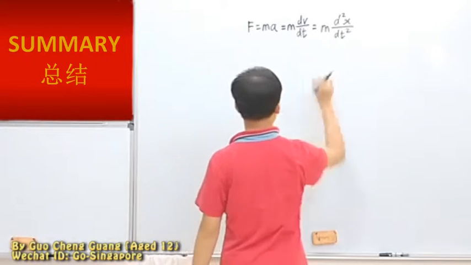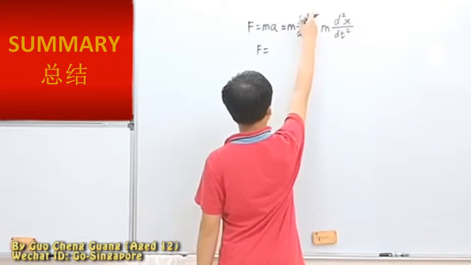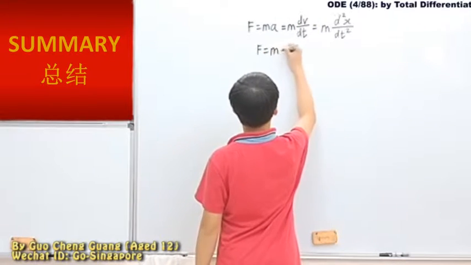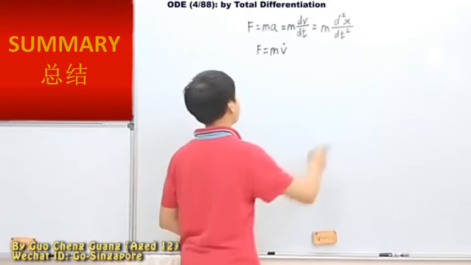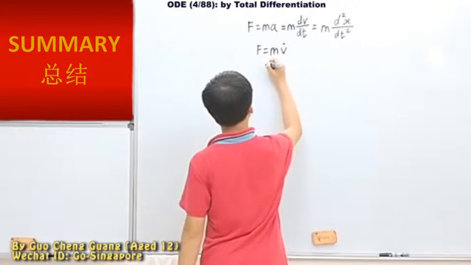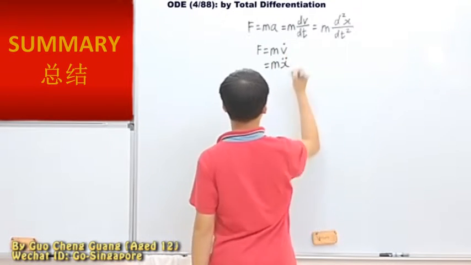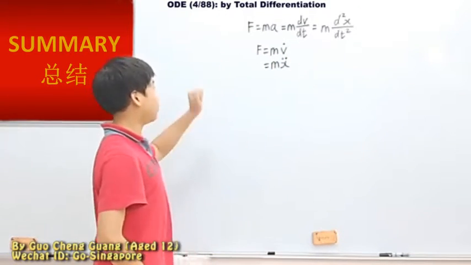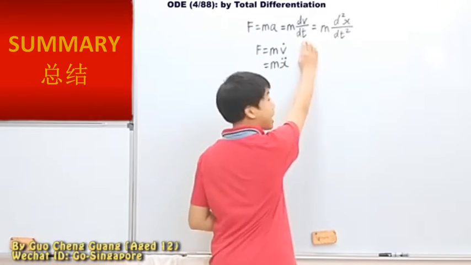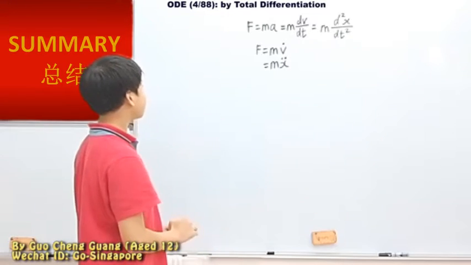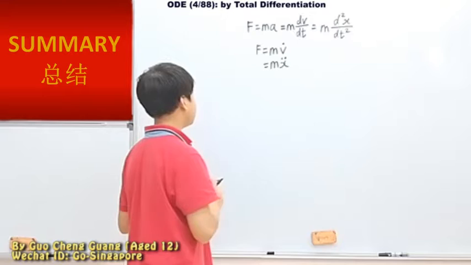Although we do have these ways of writing, you can still write dv/dt as v with a dot above, or x with two dots above. These are ways to write it. But if you write it with a dot, it is always with respect to t.